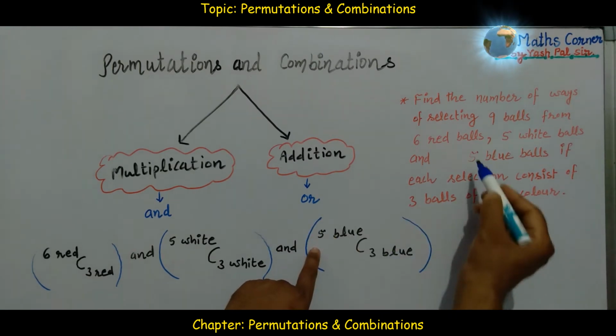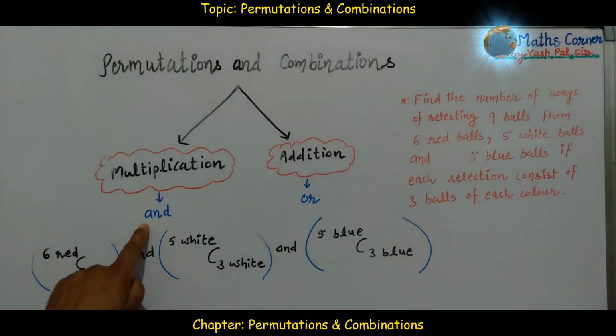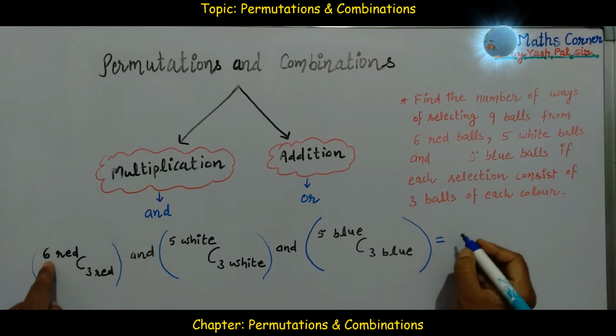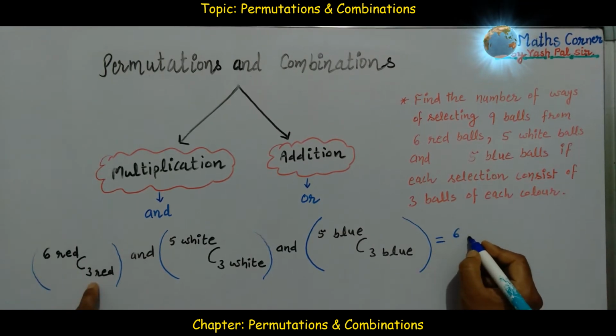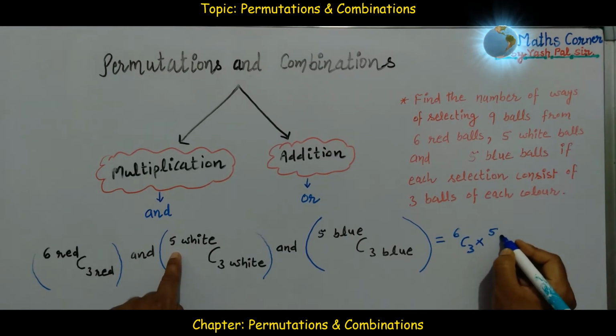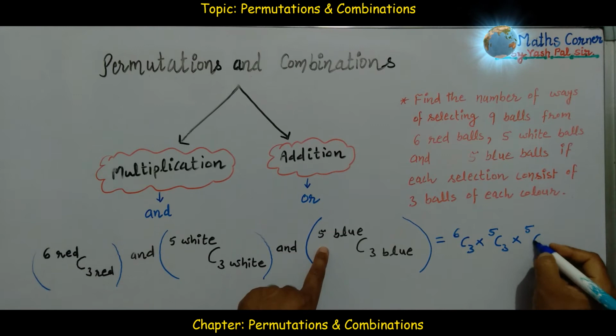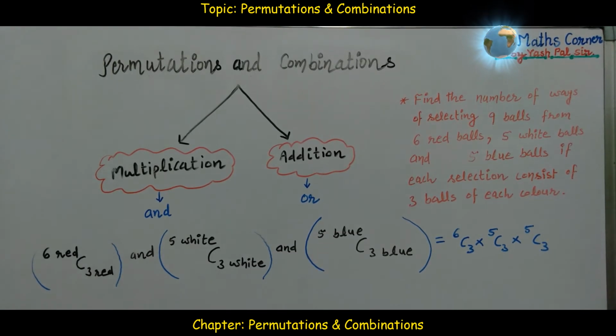Thereafter, out of 5 blue balls we are selecting 3 blue balls. So as this is told, and we use this for multiplication, simply we write 6C3 into 5C3 into 5C3. Okay, solving this we can find the result.